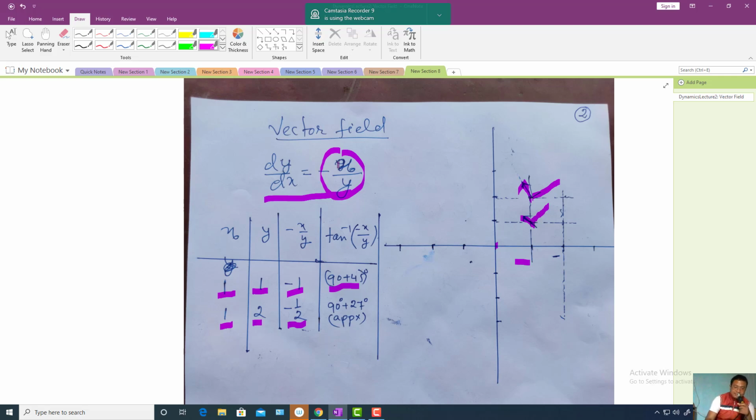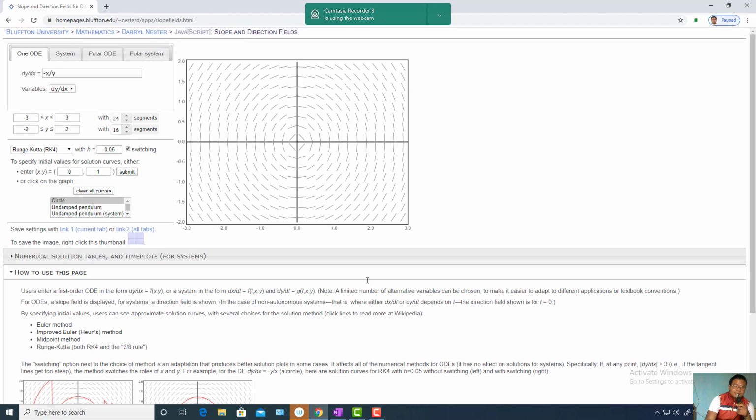Okay, so let us see. I have here some online resources. I will show you how to draw some vector field. So for this one, let us see. These online resources you can also use. So here dy by dx is equal to minus x by y.